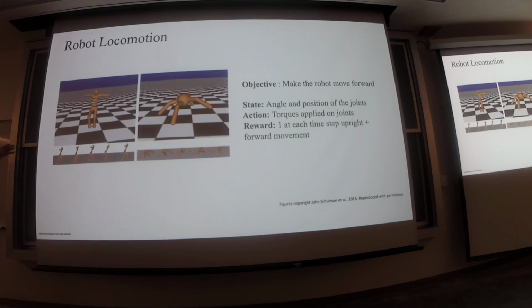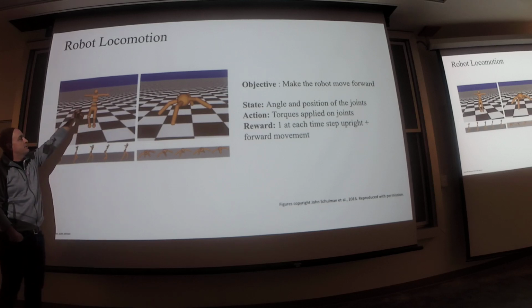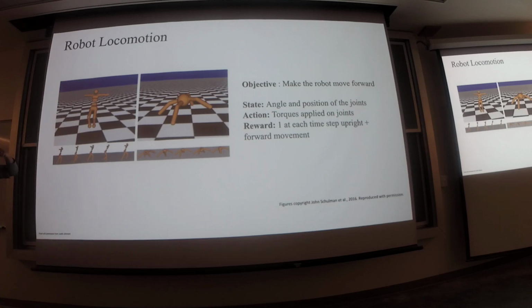The state of this thing is that there are different degrees of freedom for each of these joints, like what kind of angle it's making with any other stick at the joint, and the composition of all those gives you the position of this humanoid figure or spider-like figure. The action that you can take is basically applying force to the joints. You can change the angles of these joints.